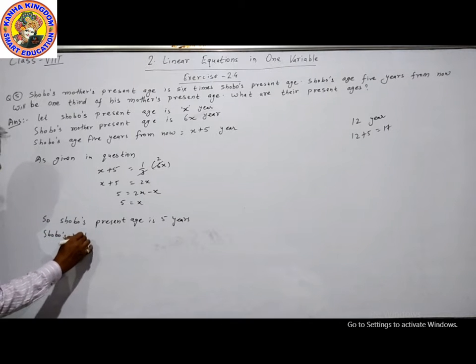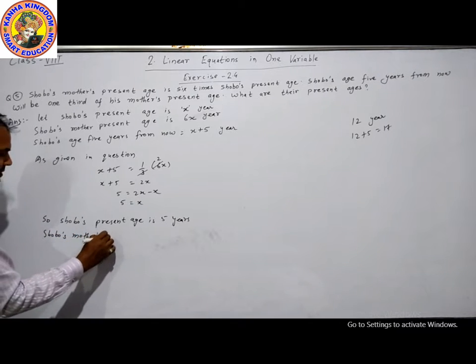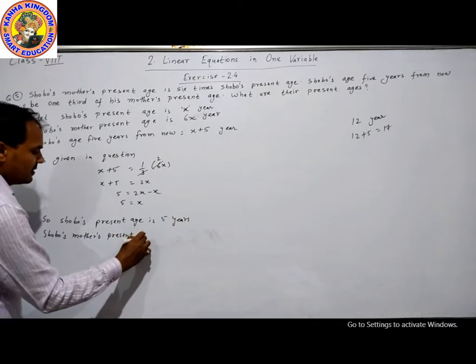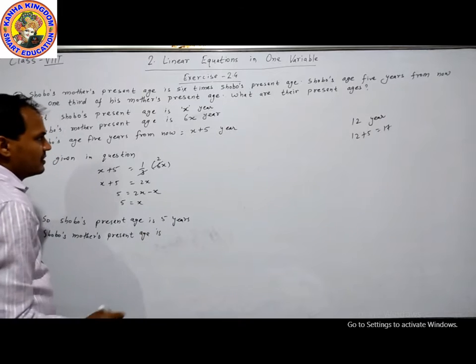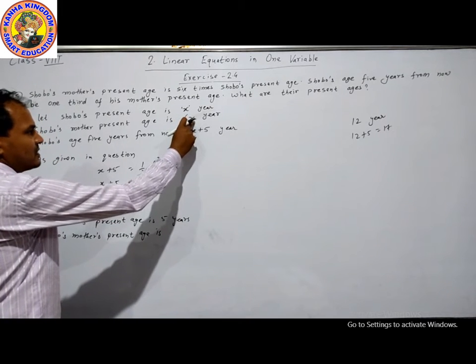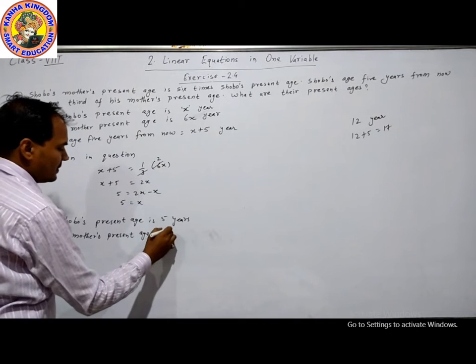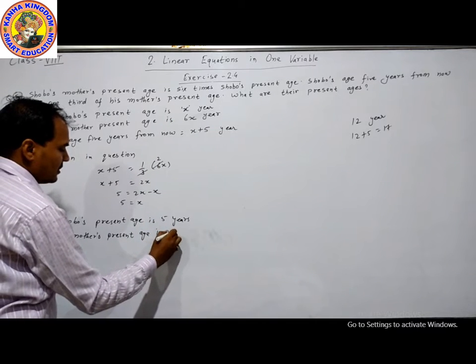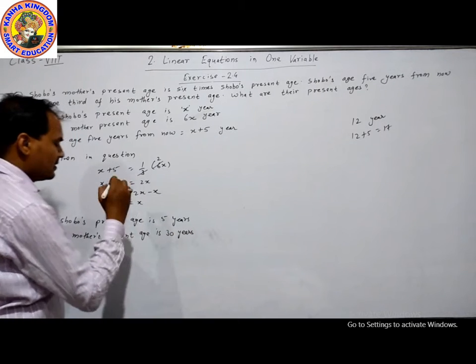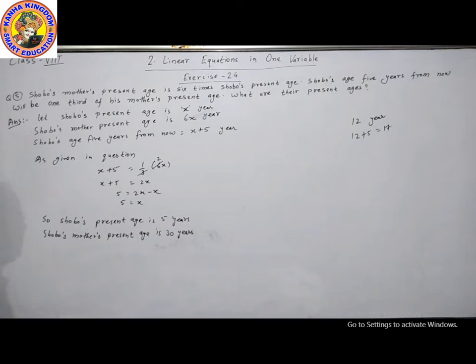Mother's present age is 6 into x. The value of x is 5, 6 into 5, 30. Mother's present age is 30 years.